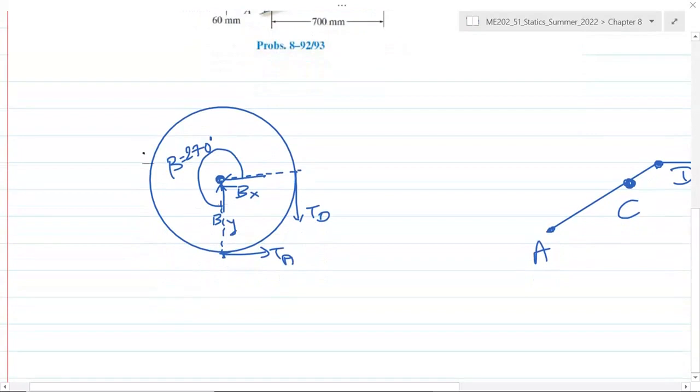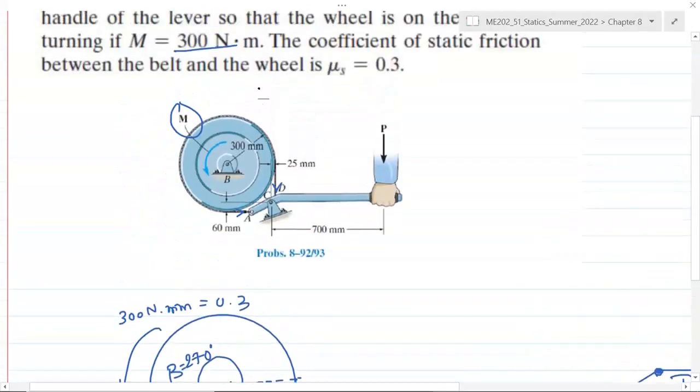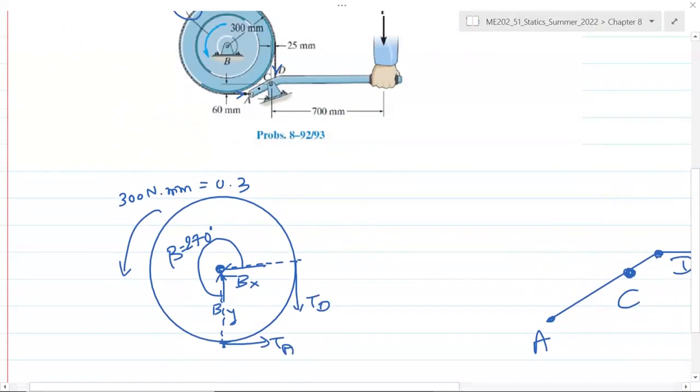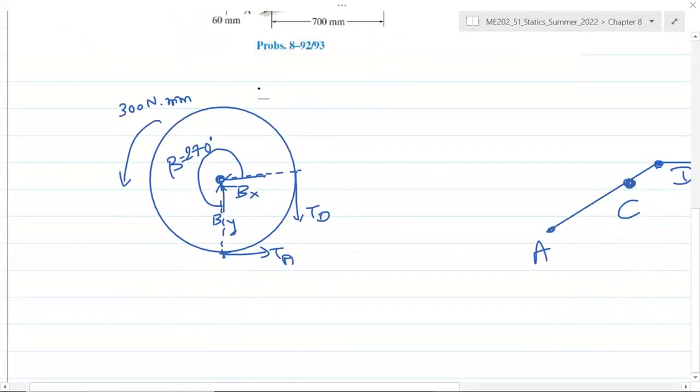The wheel is subjected to a counterclockwise moment of 300 Newton meter. Sorry, I thought it's millimeter, but it's 300 Newton meter only for the moment. So those are the different forces and the externally applied moment.